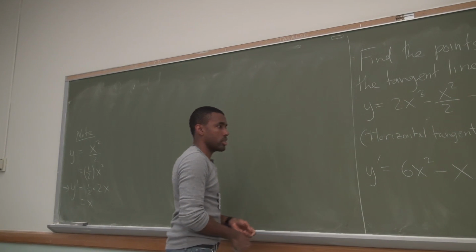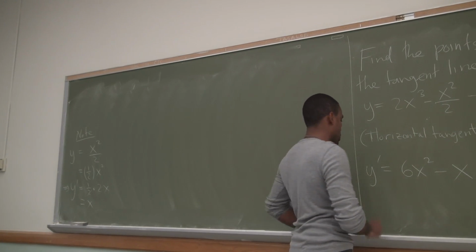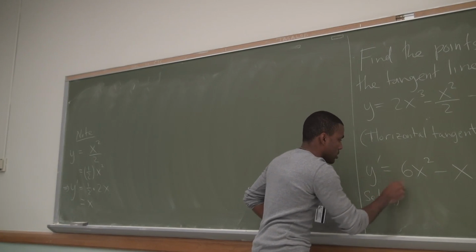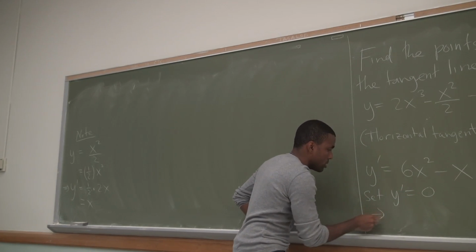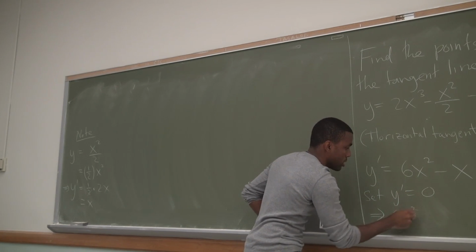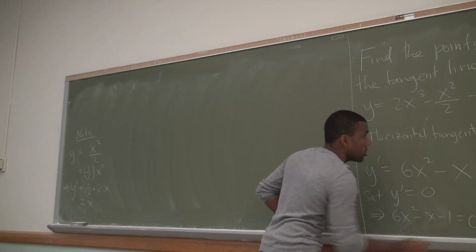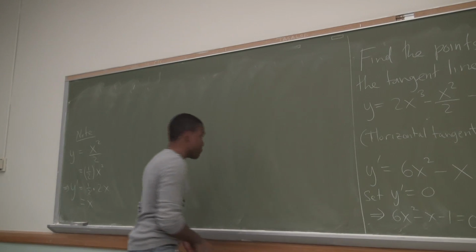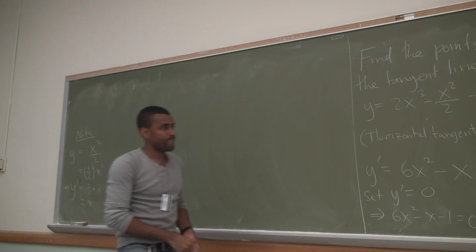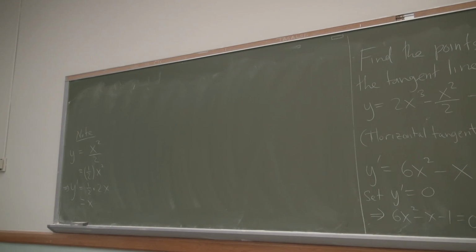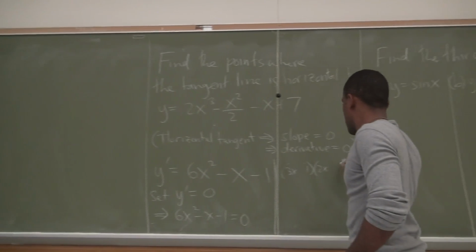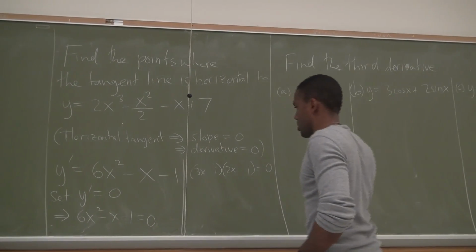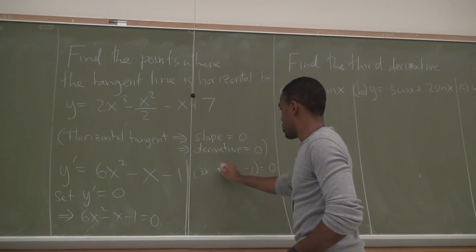And so I want to figure out where this is 0. This implies I need 6x squared minus x minus 1 equals 0. Can I solve that? Is that factorable? Yeah. 3 and 2 maybe, if I make a minus 3 and a plus 1.